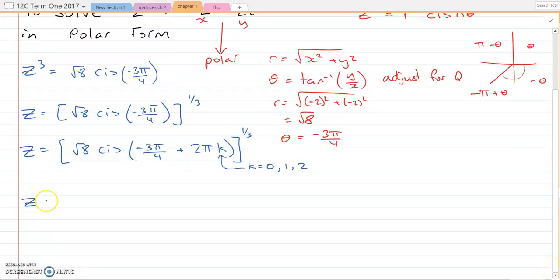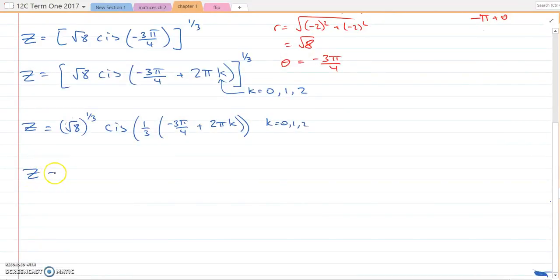So z is going to equal, applying de Moivre's, this square root of 8 has to get to the 1/3 power. Then I've got cis of these angles, and I have to divide them all by 3. So this is 1/3 of negative 3 pi over 4 plus 2 pi k, for k equals 0, 1, 2.